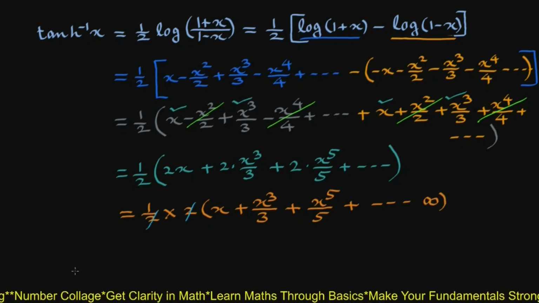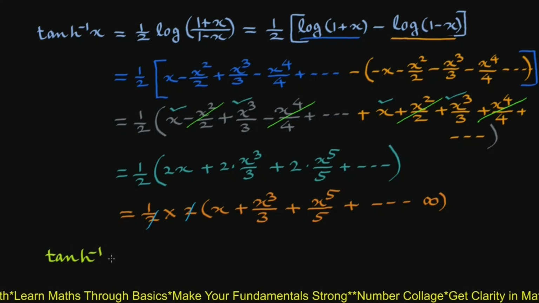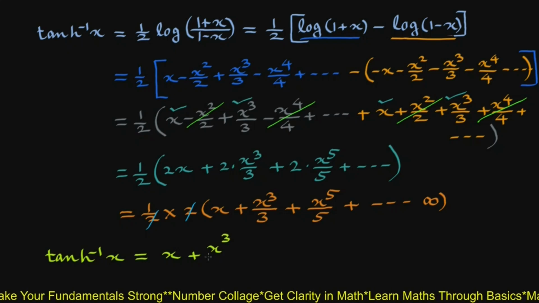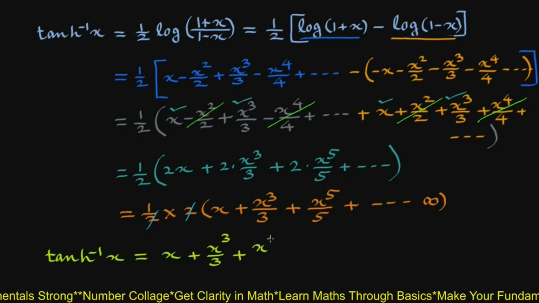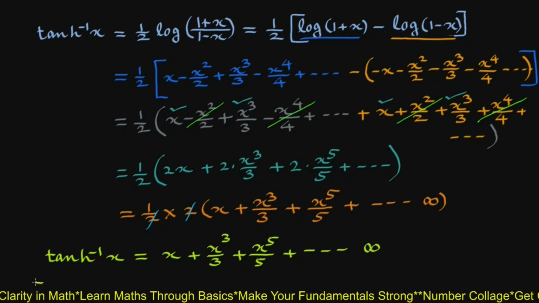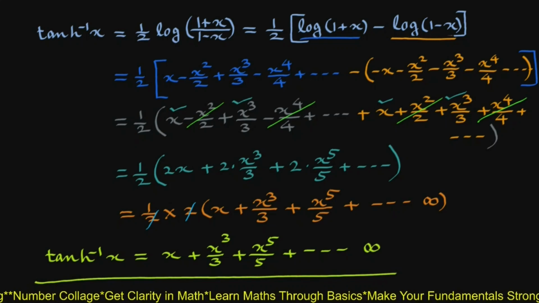Cancelling these two, we get the expansion of hyperbolic tan inverse x = x + x³/3 + x⁵/5 + so on and so forth up to infinity. So this is the expansion of hyperbolic tan inverse x.